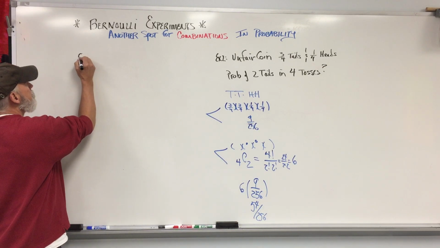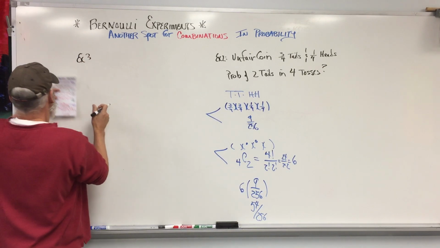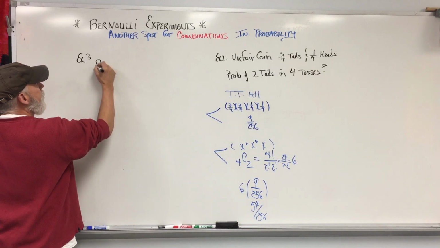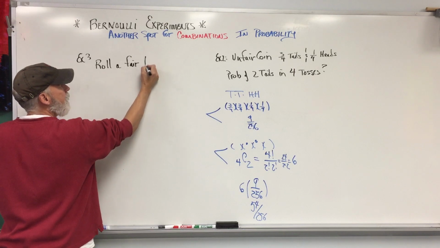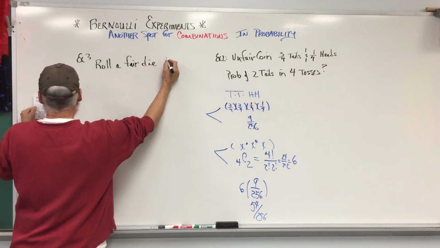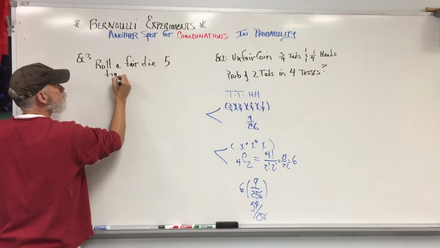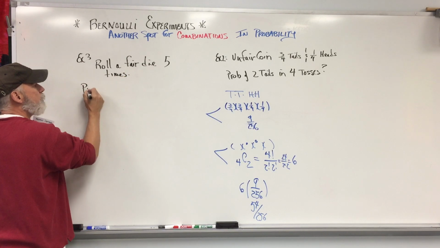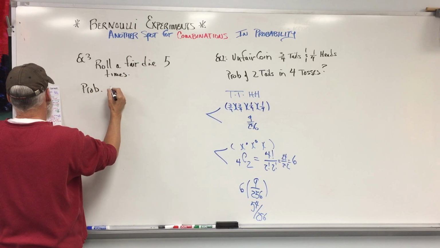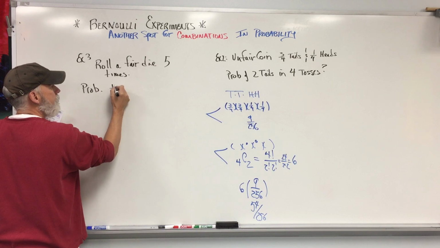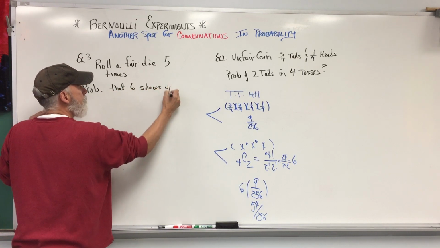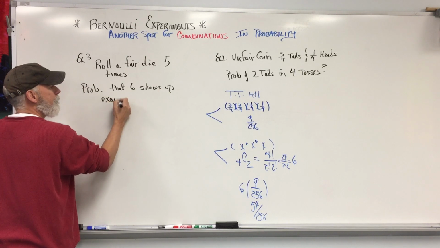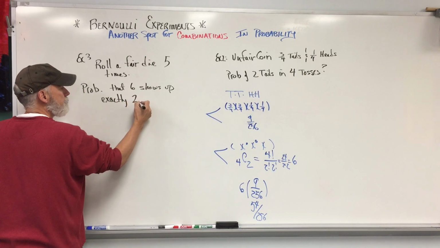So here's example 3. We roll a fair die. Now fair die means everything's equally likely. A fair die. And we roll it 5 times. We're asking what is the probability that 6 shows up exactly 2 times.